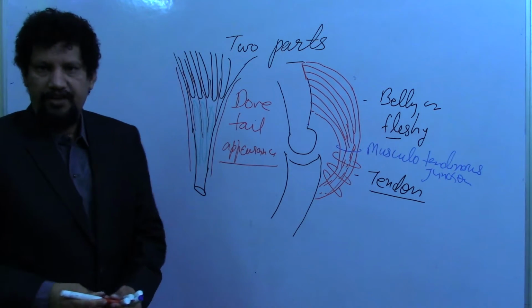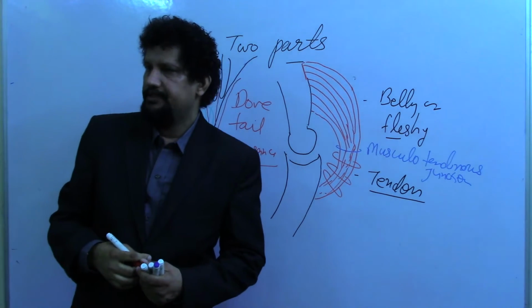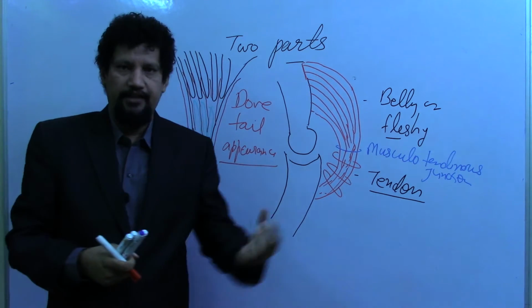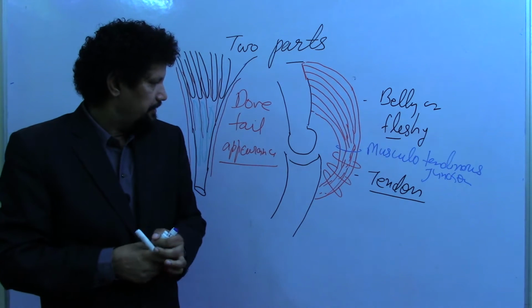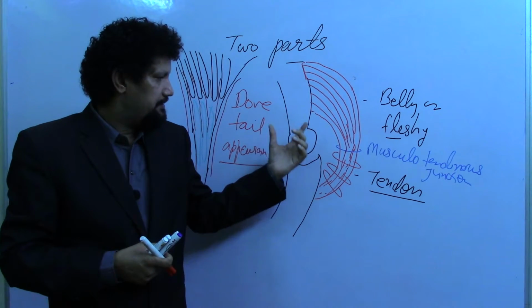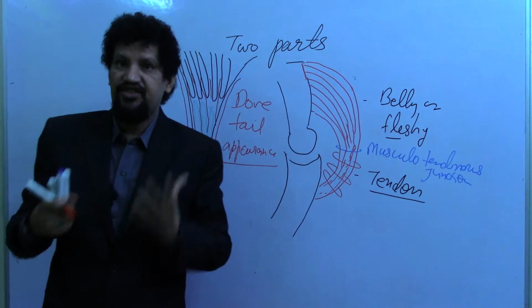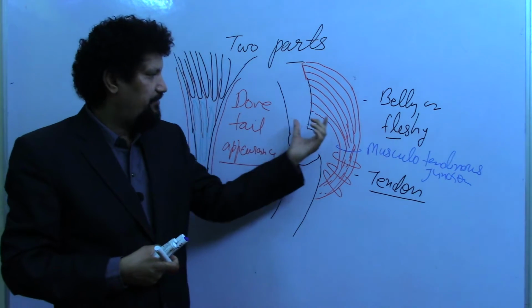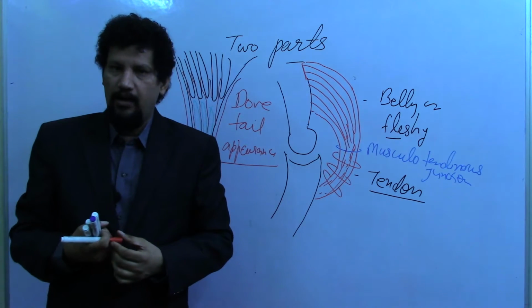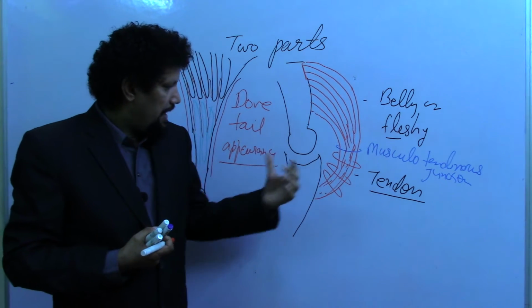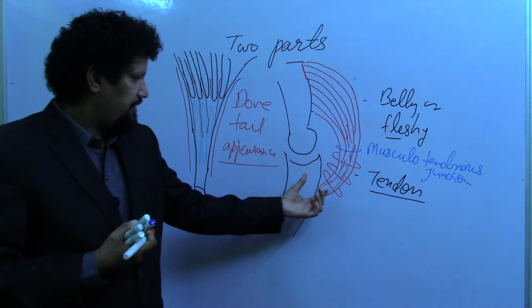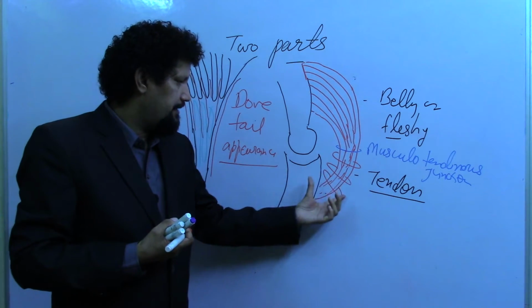So what is a tendon? Tendon is a densely, regularly arranged collection of connective tissue, and it is capable to withstand the friction and pressure, which is not done by the fleshy part or the belly of the muscle. And this friction and pressure is withstood by the tendon.